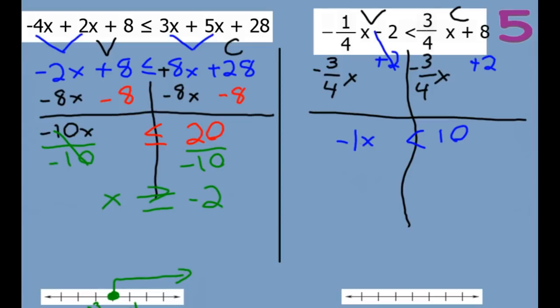Now we have to divide by negative 1, and divide by negative 1. So these will cancel out. We're left with x. We divided by a negative 1, so the negative number flips the sign. So instead of less than, it is now greater than. 10 divided by negative 1 is negative 10.